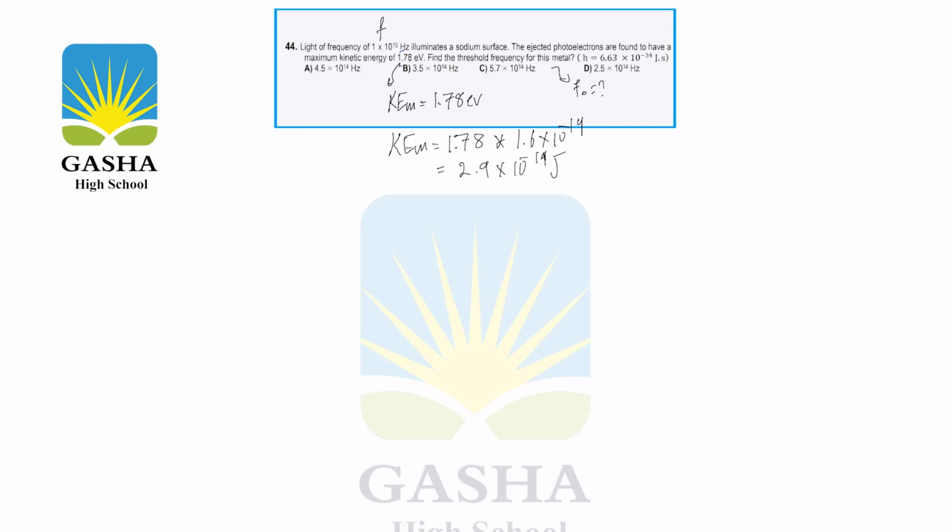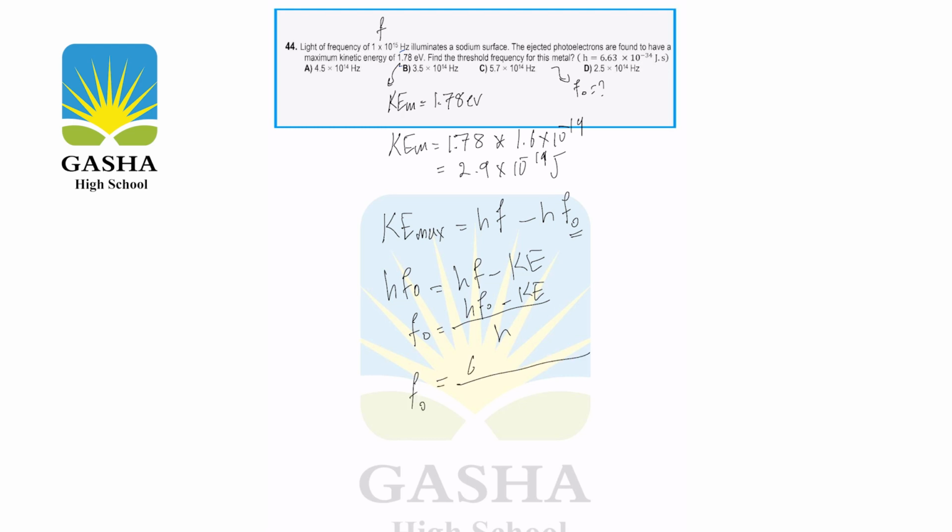So now we have the maximum kinetic energy in joule. Let's write down the formula. Maximum kinetic energy is equal to HF, which is the energy of light, minus the work function. And F naught is unknown. So just rewrite the equation: HF naught is equal to HF minus maximum kinetic energy, and divide both sides by Planck constant. Now we just substitute the values.